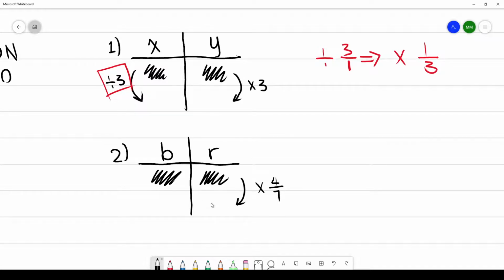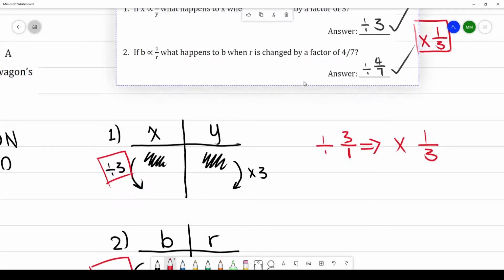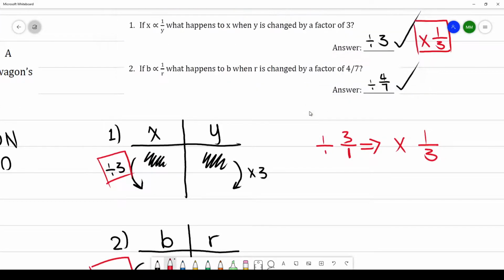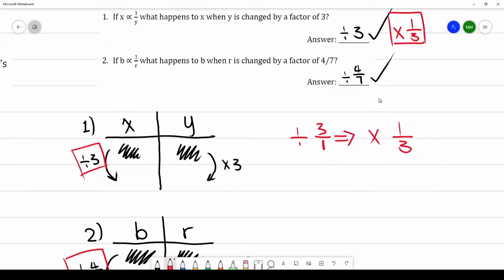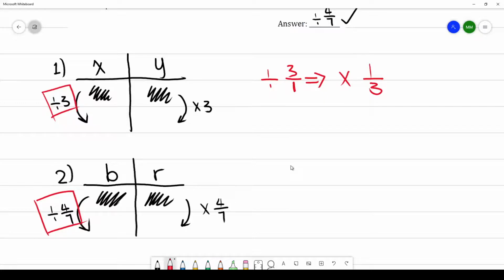And since we don't care what the final value is going to be, we just care about this part, divided by 4 over 7. So times 4 over 7 divided by 4 over 7. So divide by 4 over 7 is correct. But then, I want you to express it as a multiplication.